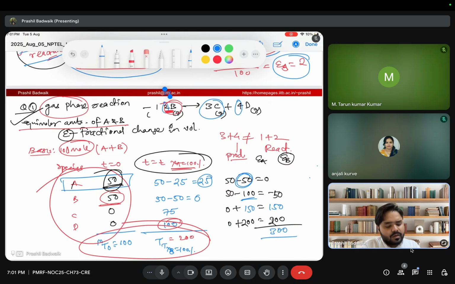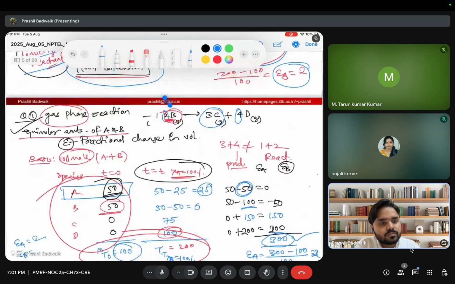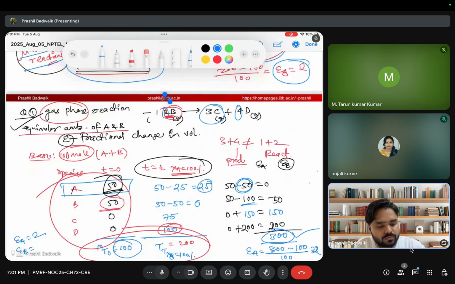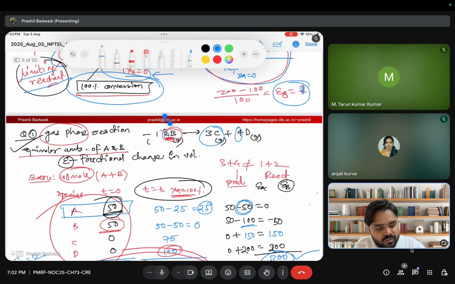So the total is equal to 300. Now you can see earlier initially we had 100, now these are 300. So what is the fractional change with respect to A? 300 minus 100 divided by 100, so 200 divided by 100, which is 2. So epsilon A is equal to 2 and epsilon B is equal to, what was that value? It is supposed to be 1.